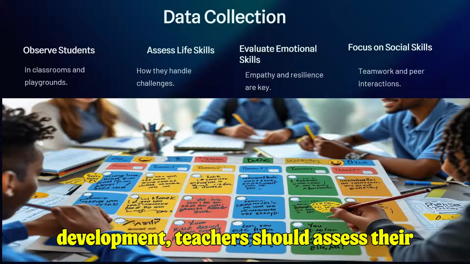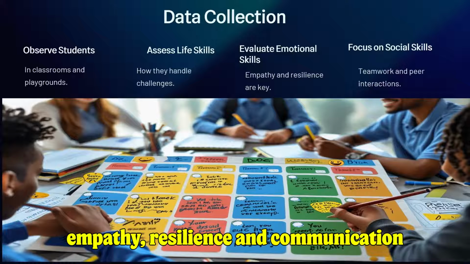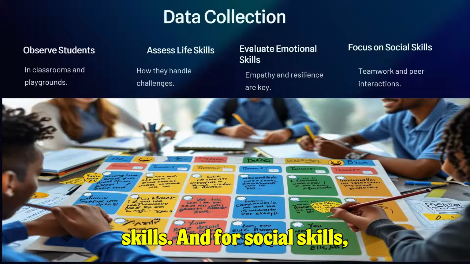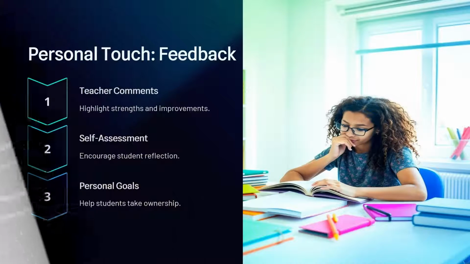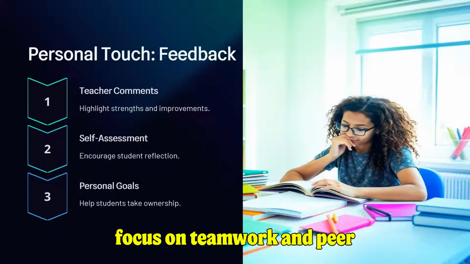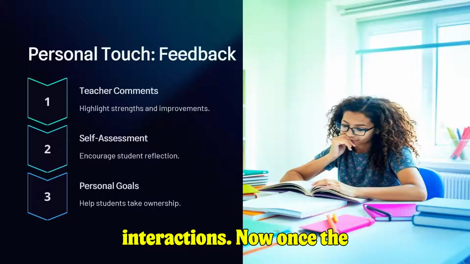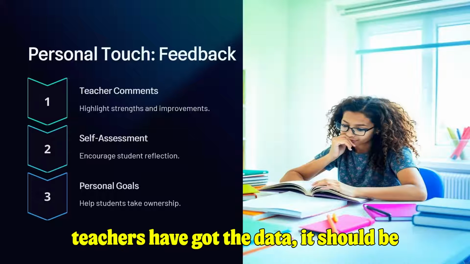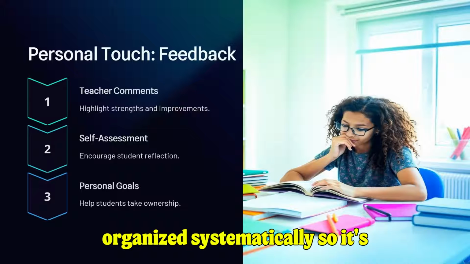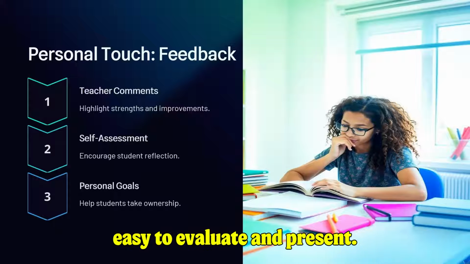And for emotional development, teachers should assess their empathy, resilience, and communication skills. And for social skills, focus on teamwork and peer interactions. Once the teachers have got the data, it should be organized systematically so it's easy to evaluate and present.